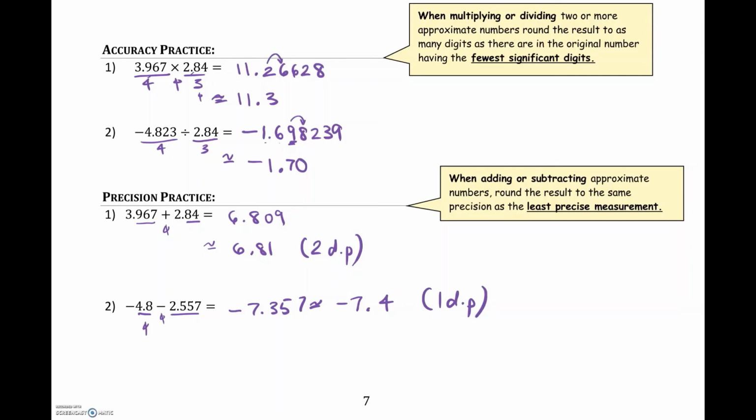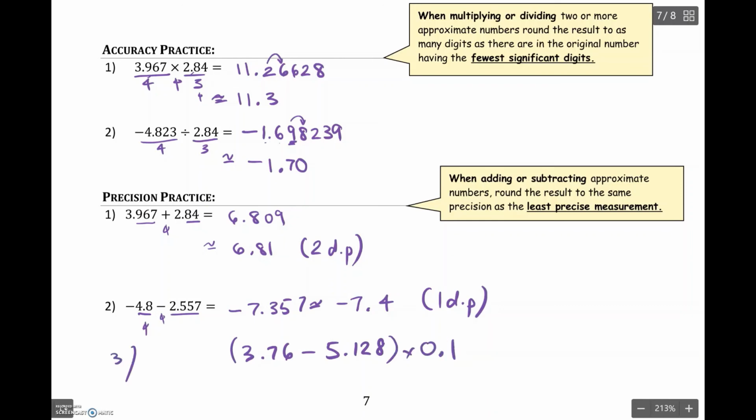So that's about it. If we have a calculation with more than 1 operation, for example, 3.76 minus 5.128 multiplied by 0.1, so this would be our example 3.